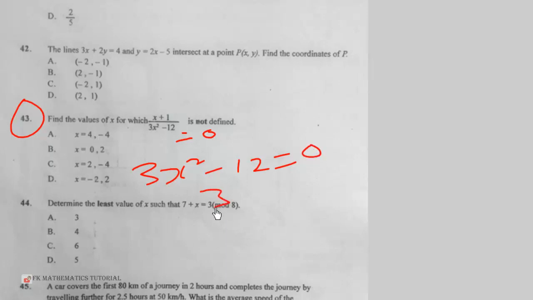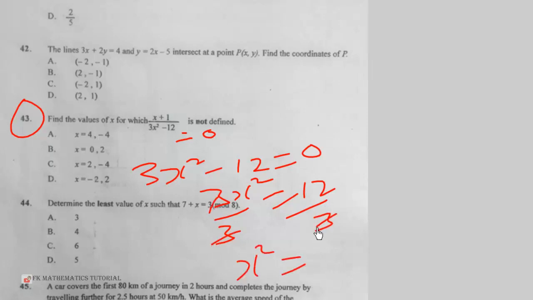So 3x² will be equal to 12, divided through by 3. We have x² equal to 4. So x will be equal to plus or minus the square root of 4, and x will be positive 2 or negative 2. So positive 2 or negative 2 is option D.